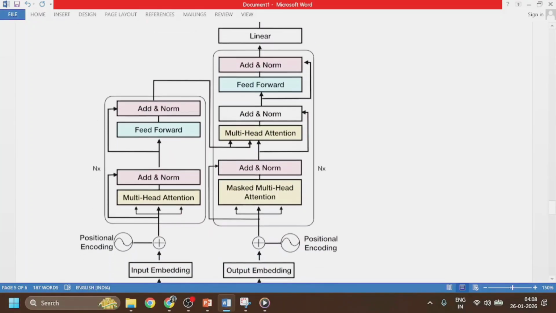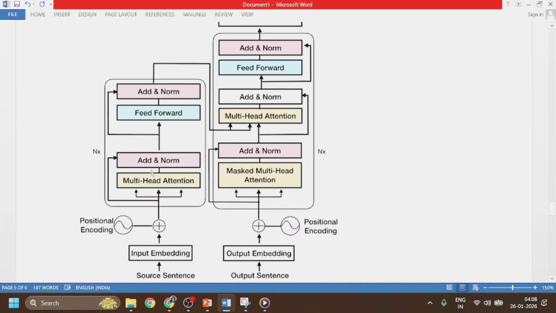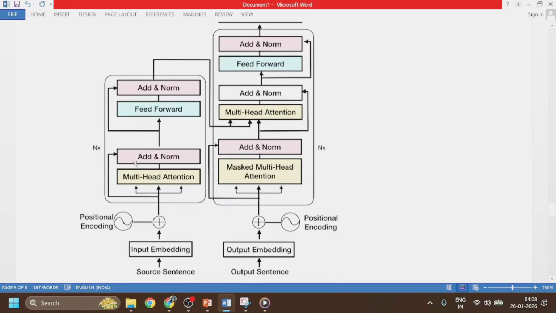This is one encoder. The output of one encoder layer becomes the input to the next encoder layer. We have multiple layers, one, two, three, four. These are the encoder layers one by one, and they follow the same structure. After passing through all encoder layers, we get a context aware representation of the input sentence.